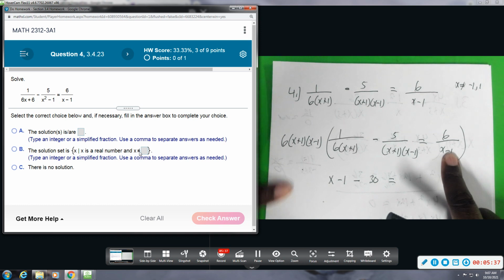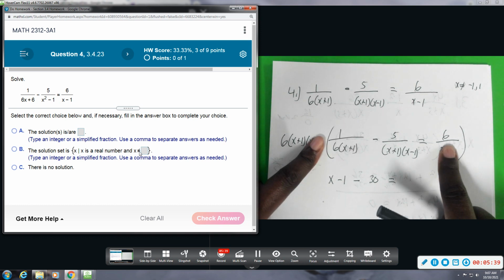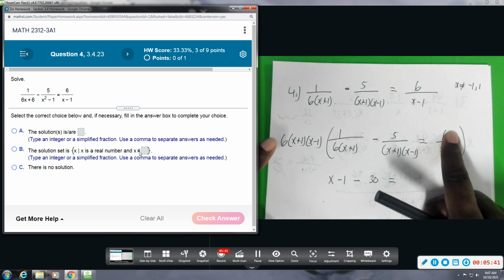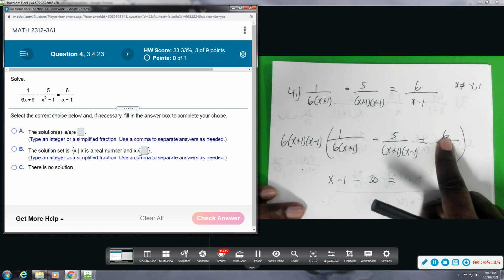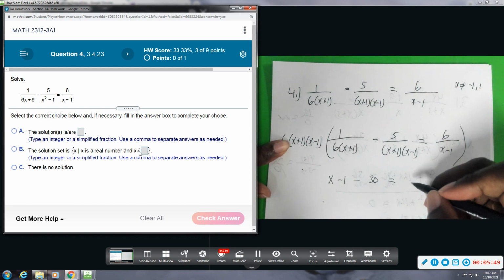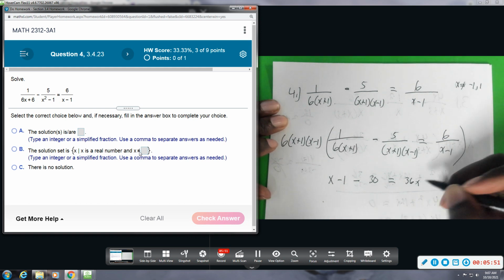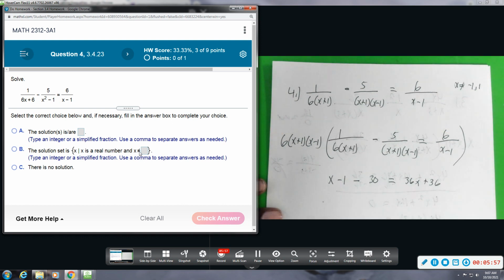And then on this side, the x minus 1 will cancel, and we will multiply 6 times 6, x plus 1. So 6 times 6 will give us 36. Multiply 36 times x, and then 36 times 1. So this is what we would end up with.